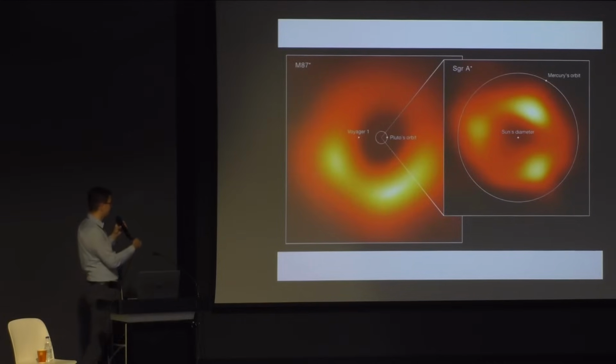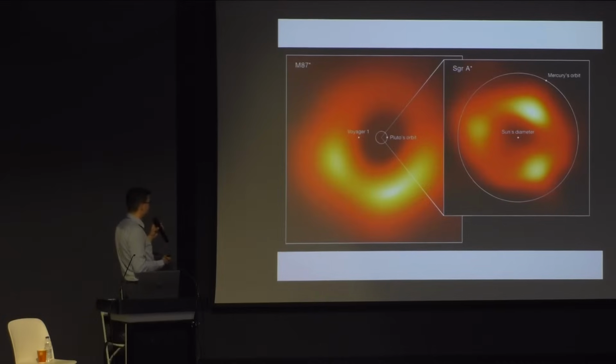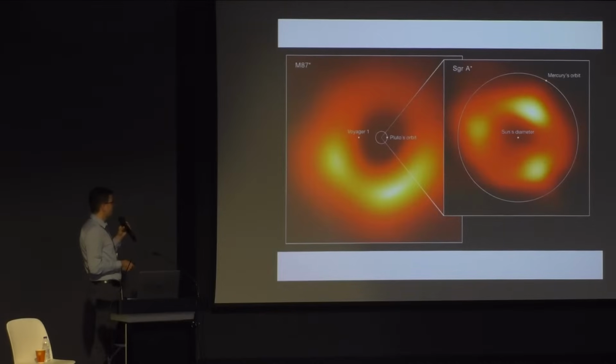M87 is a very massive elliptical galaxy, more massive than the Milky Way, and I think this black hole is 1,000 times more massive than the supermassive black hole in the Milky Way. You see that this is Pluto's orbit, and this is Mercury's orbit.